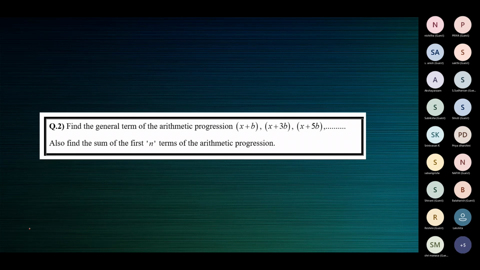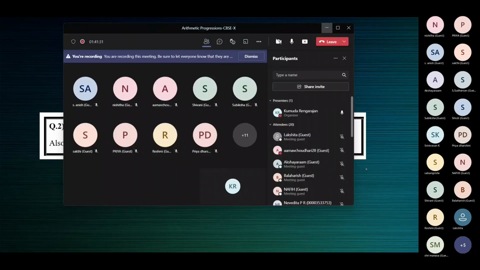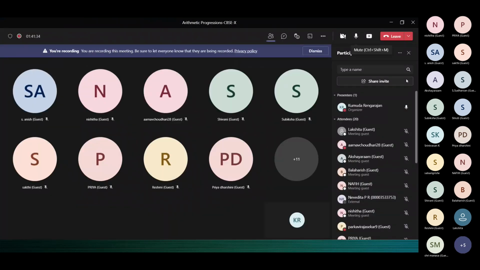In Shivananda Balalia, have you finished AP? Class, use the emoji, raise your hand.